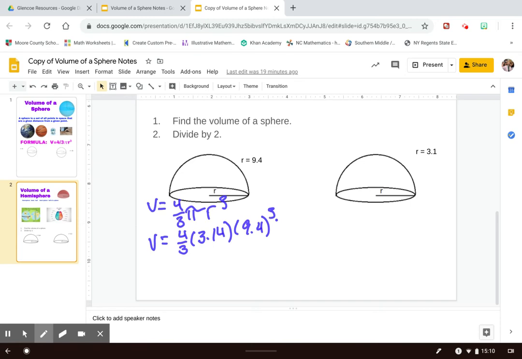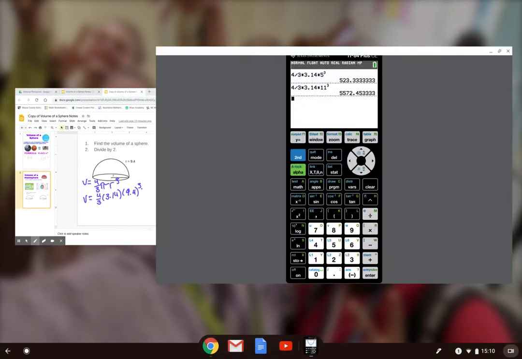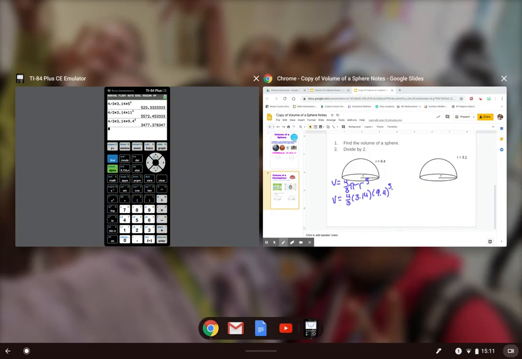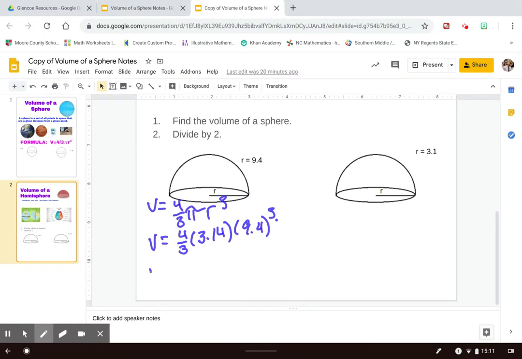Again, I'll come over to my calculator, and I get 3477.378374. I'm going to round that to the tenths position, 3477.4.